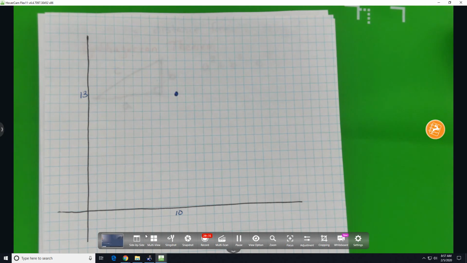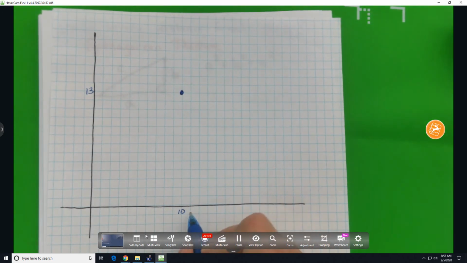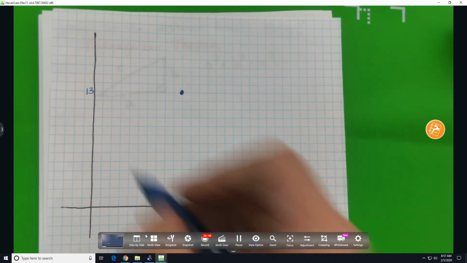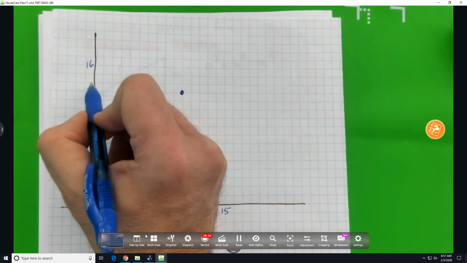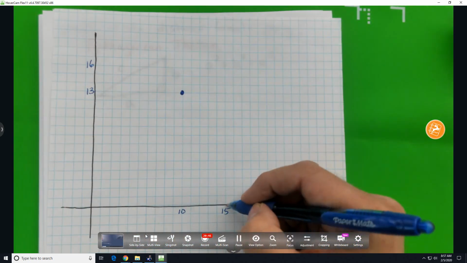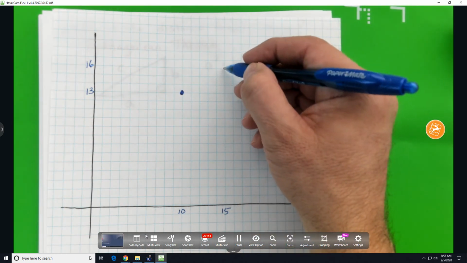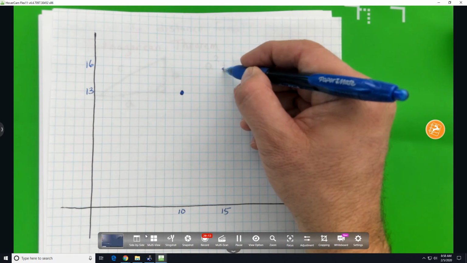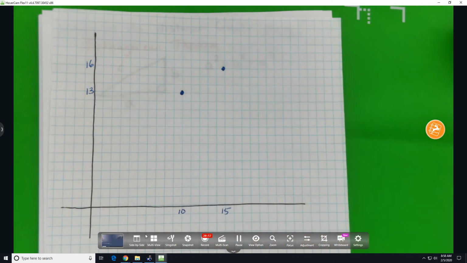And then the other point is 15, 16. Okay. So right 15 up. Is that 16 there? Okay. So I'm calculating the distance between those 2 points.